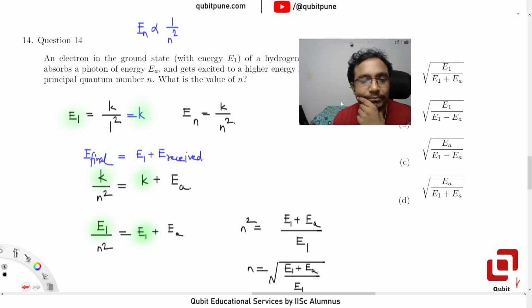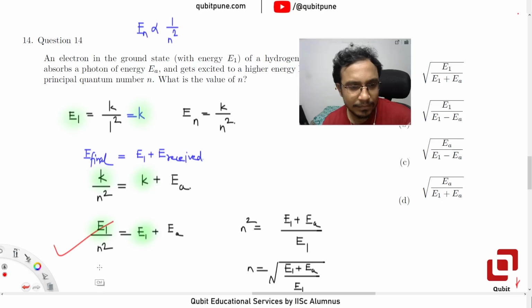Sorry. Sir, only the expression of n square and n is wrong in writing it. In last step. Yes, sir. There you have made a mistake. Right side. Sir, there is 1 by n square, then we will take the reciprocal. 1 second. Sir, E1 plus EA upon E1 is equal to 1 by n square.